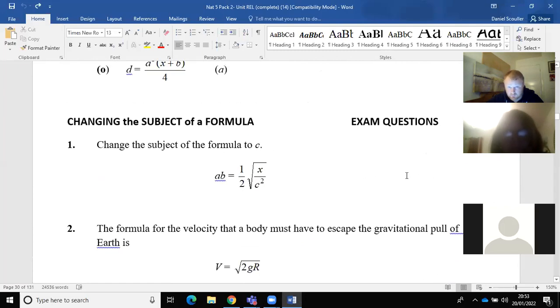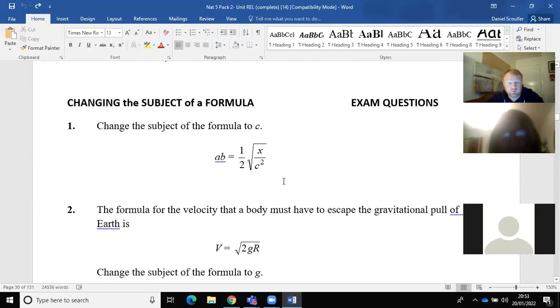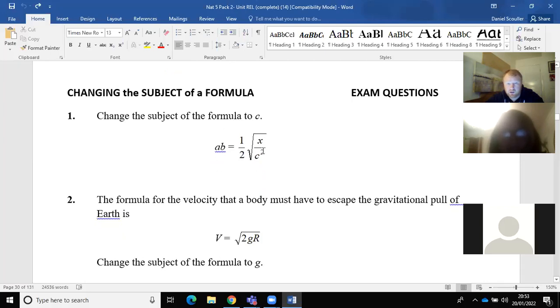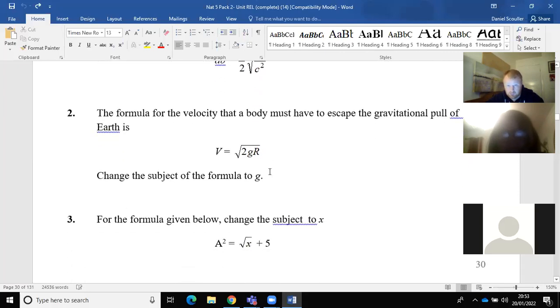It doesn't tell you what past paper it's from, but they should be from past papers or exam level. You can see that it's quite tricky. You're throwing in roots, you're throwing in squares. There's a lot going on, so have a good bash at them, work your way through it, and just take it one step at a time.